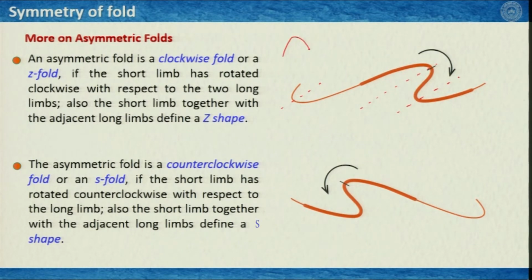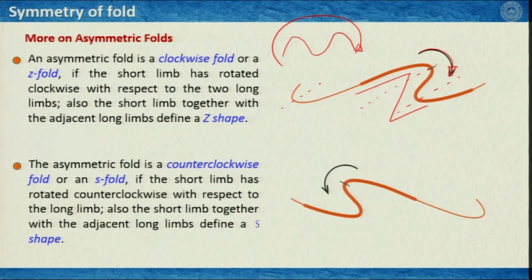You can consider that if it was a symmetric fold like this, and then if you rotate the fold clockwise, then you may produce a structure like this. Therefore, the rotation here is clockwise and the shape you form is like the English letter Z. So, this is known as a clockwise fold or Z fold.